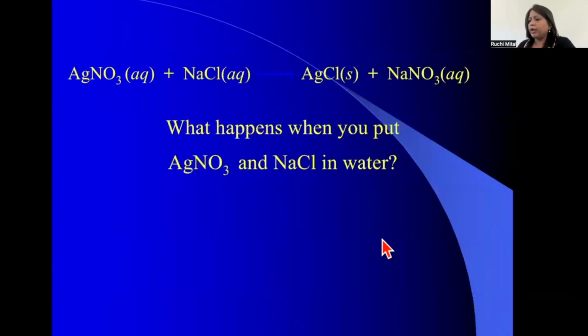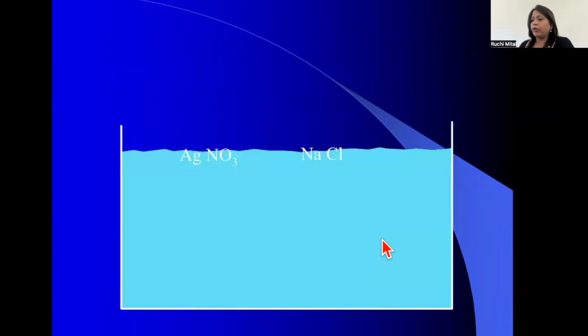Now, if I look at this equation, this is your molecular equation. If I add the salts in water, when you're adding them, they are still bonded together, but as they dissolve in the water, as you can see, they start changing into ions. Eventually AgCl is going to start precipitating.